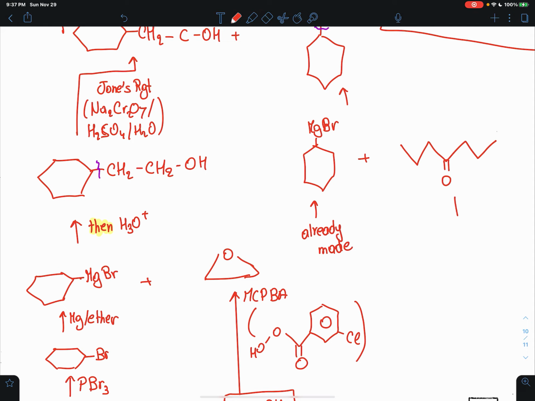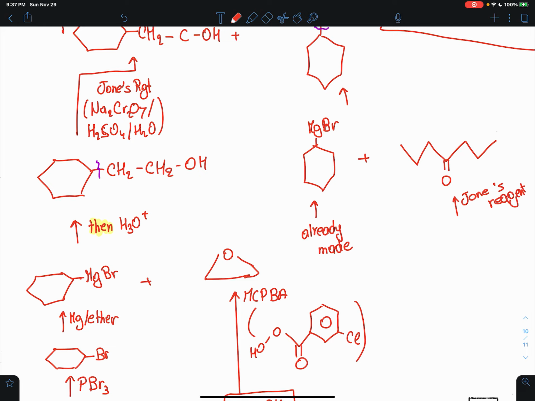Now for this one, again, this is 7 carbons. This cannot be my final product, right? So first of all, let me form an alcohol so I can break further on this carbon-carbon bond. So let me just use Jones. I can also use PCC reagent.